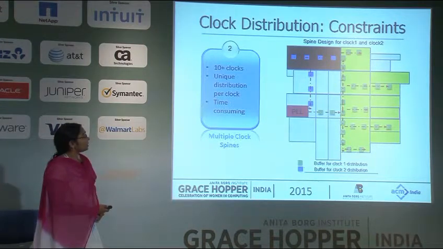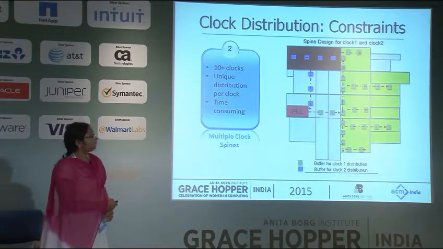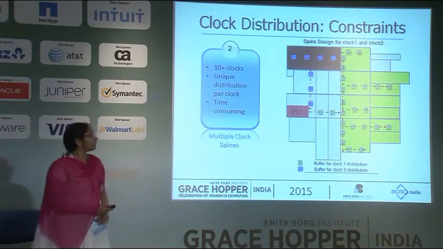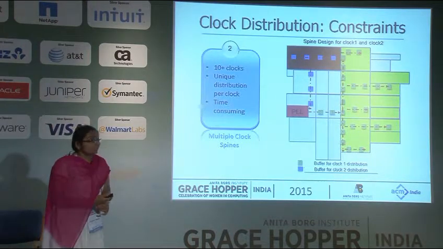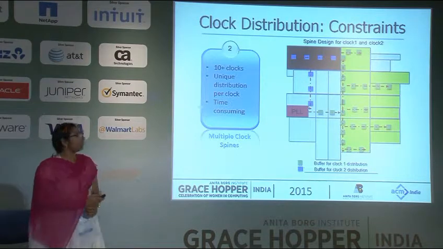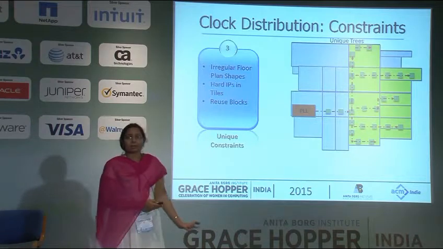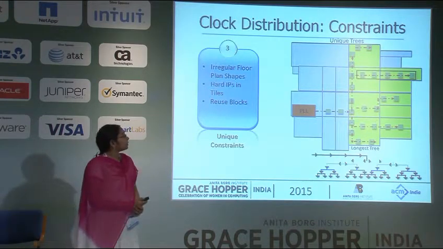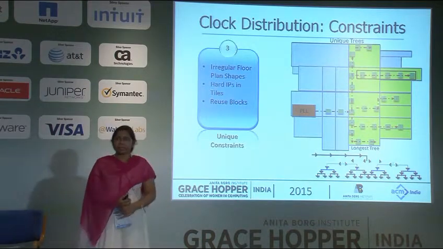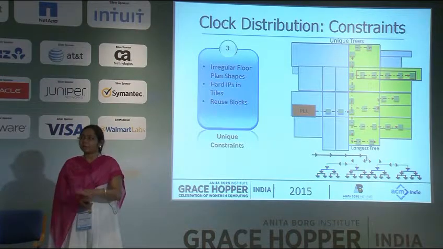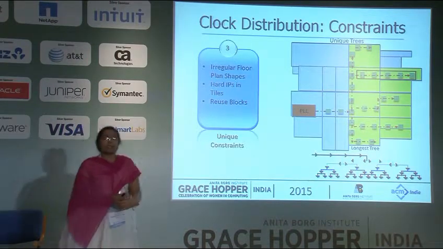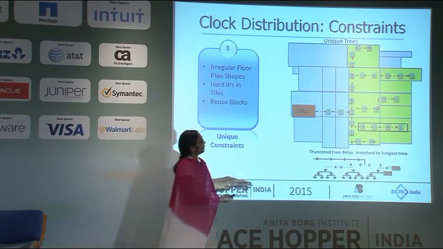So inside the same SOC, and for multiple SOCs, we have seen the challenges, and in the same spine also we have seen challenges in distributing the clocks. Even inside the same SOC and same floor plan, we will face challenges like needing different shapes.